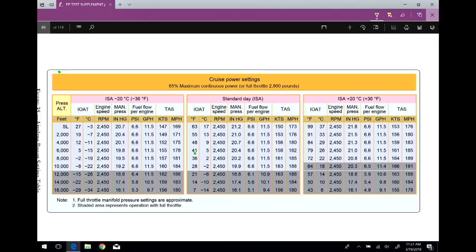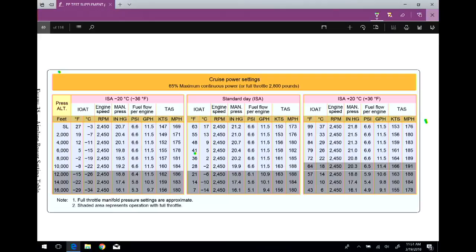Not the 10,000, the big box. Standard day. I said it's warmer than standard. Everything's ISA. You've got ISA minus 20, ISA plus 20. Plus 36, thank you very much. So we're using this box, right?